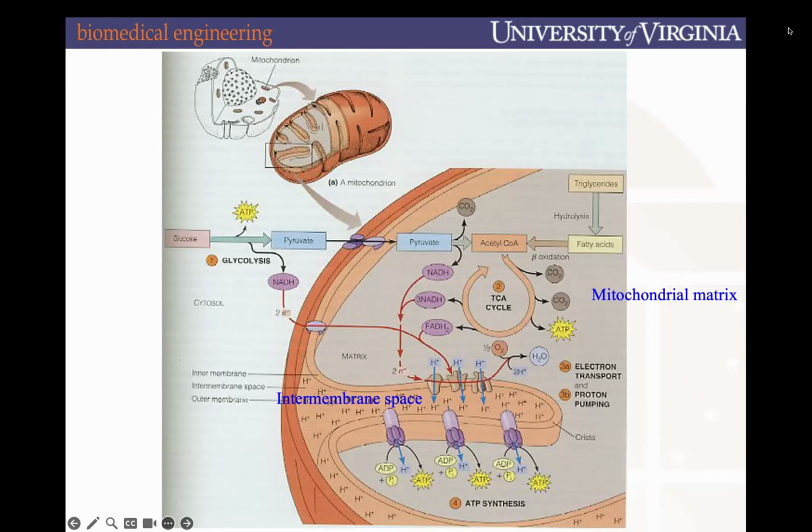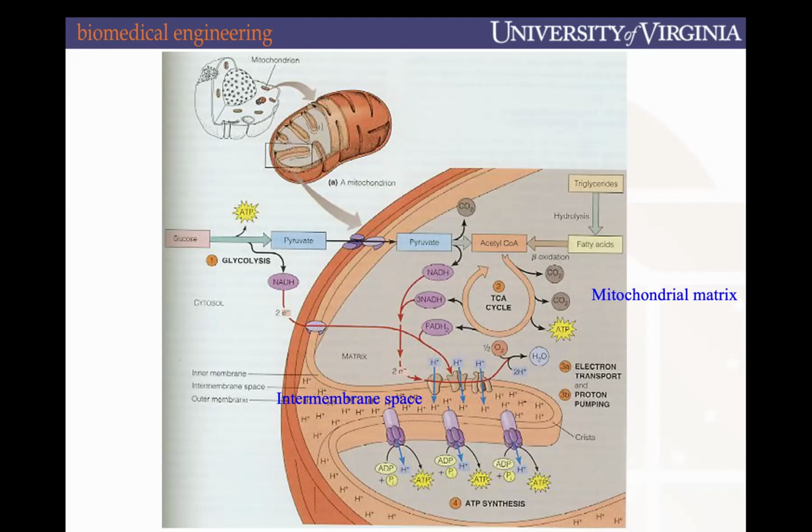There's going to be a few different key compartments of the mitochondria that we'll be focusing on today. The inner compartment of the mitochondria is called the matrix. Another way to think of that is like the cytoplasm of the mitochondria. What's also unique about the mitochondria is that it's a double membrane organelle, meaning we have an outer membrane and an inner membrane.